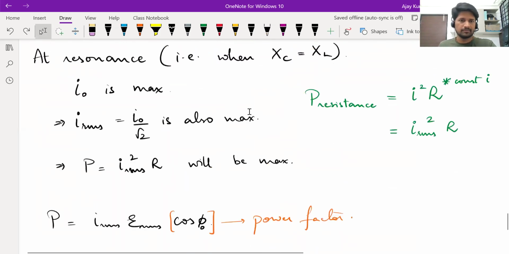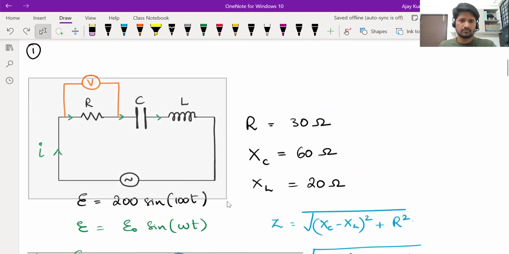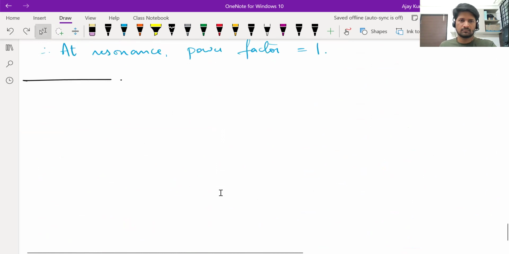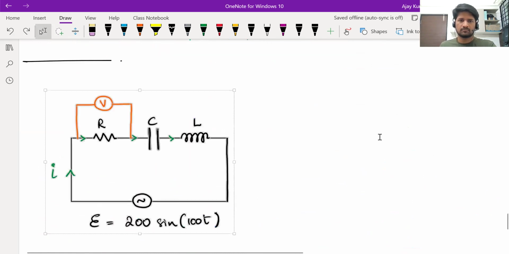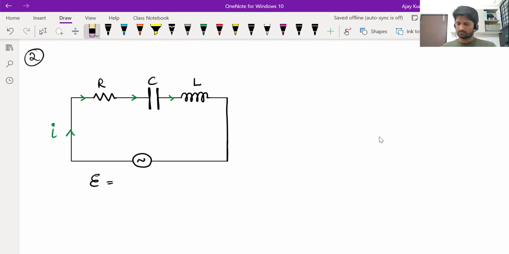Let's solve one more problem. Suppose you are given EMF, something like this, 100 sine 100 pi t, or okay, let me change it a little bit.